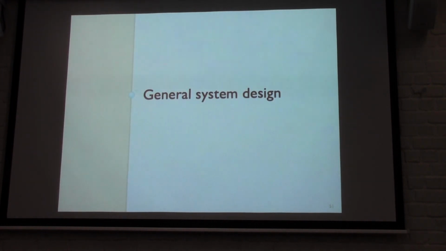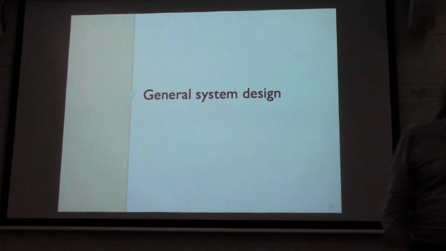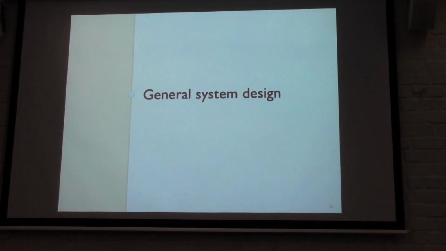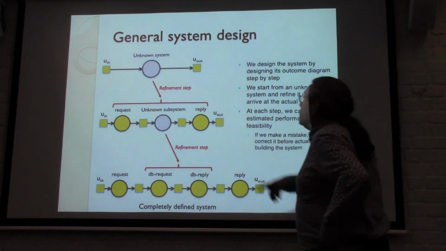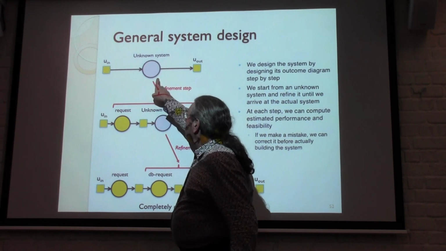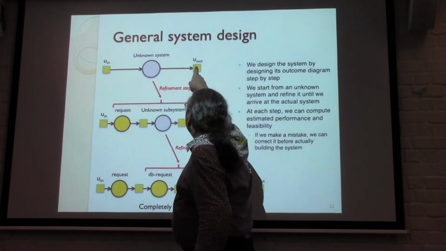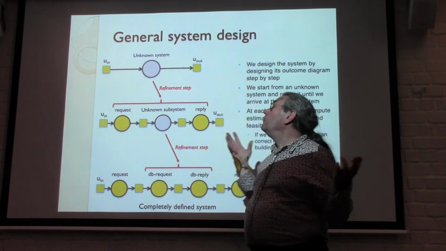Let me now, before giving more examples, show you a little bit how to use outcome diagrams to design systems. And it's going to be top-down. Let's say we want to make a system, and you give it some input, and it does some output, like Amazon.